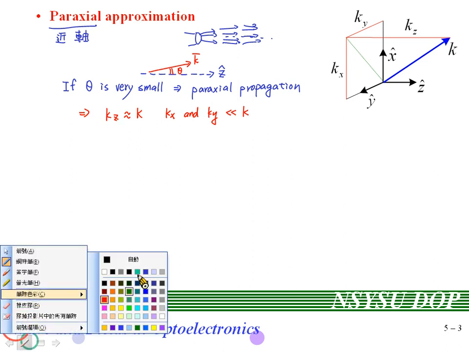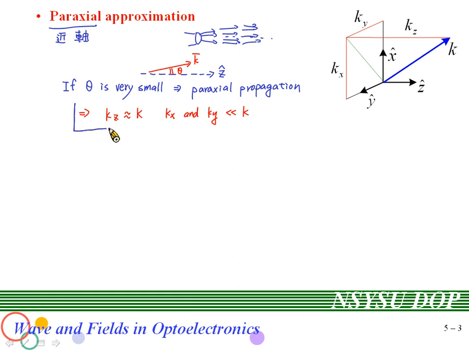So this is the so-called paraxial approximation. If the wave propagates very close to the z-axis, then kz is almost the same as k, and kx and ky will be very small.